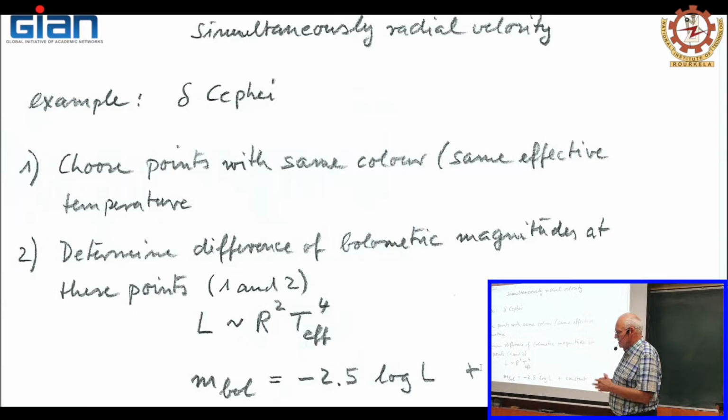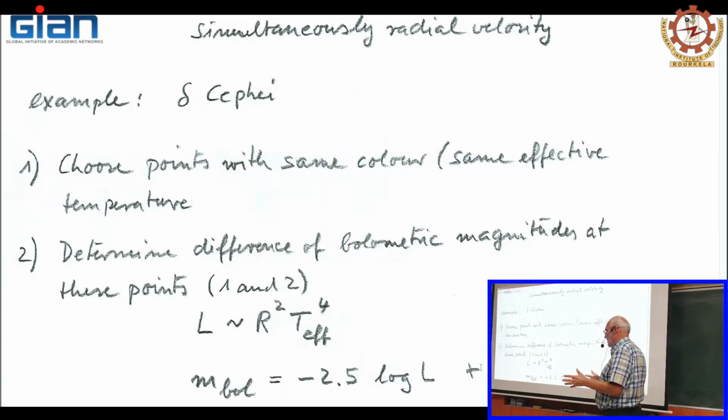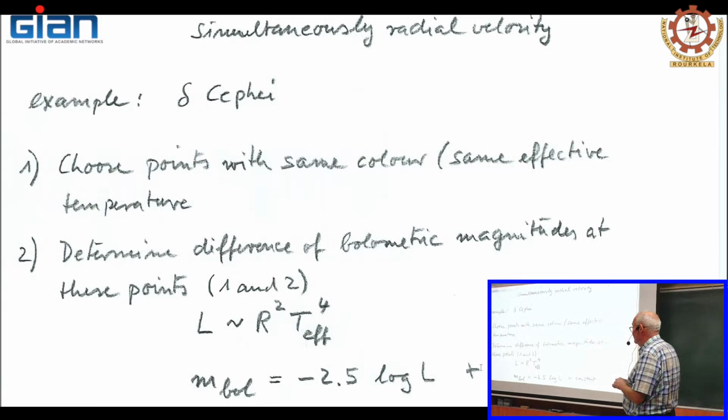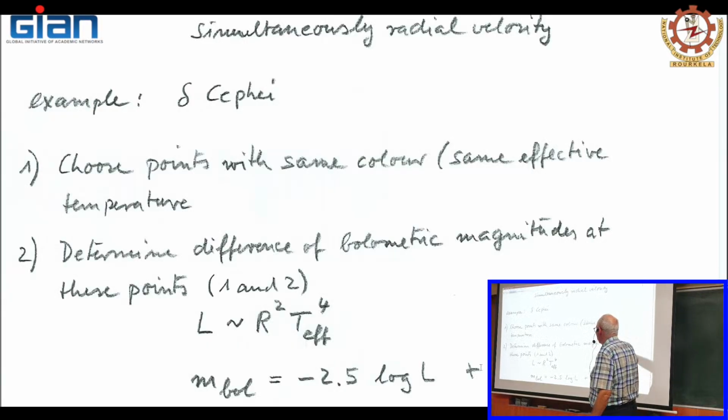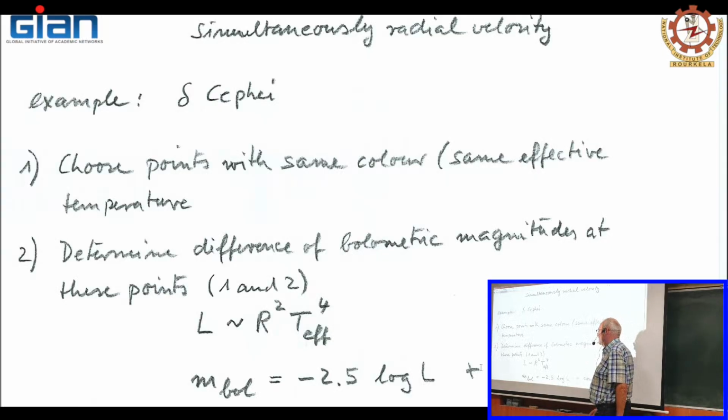So what we do is take light curves in different wavelength bands, and then subtract these light curves, or take the differences between them, to obtain the color. We take 2 points on the color curves which have the same color, which means the same effective temperature. What we do then is determine the difference of the bolometric magnitudes at these points.